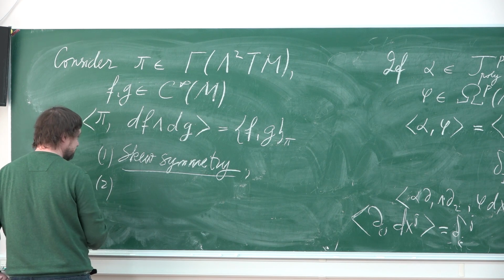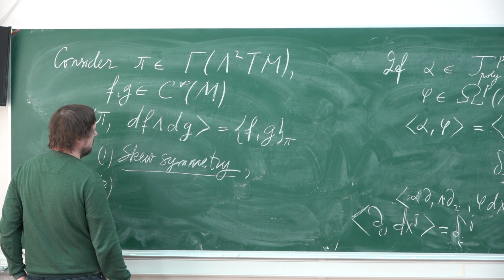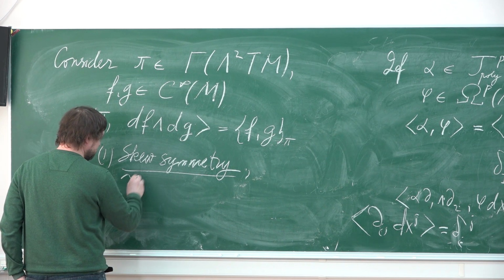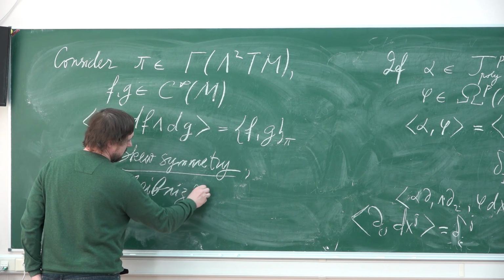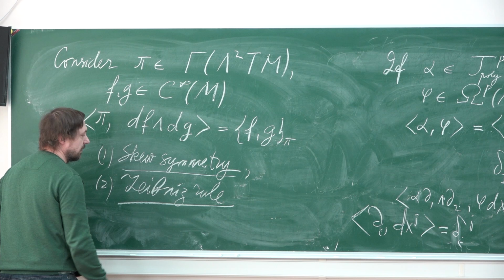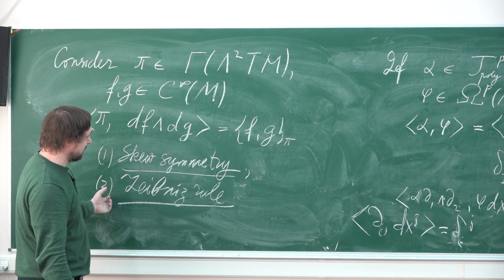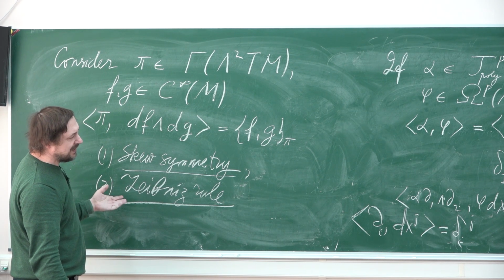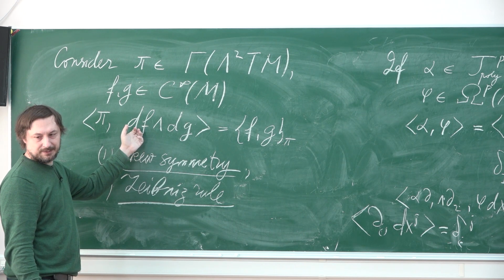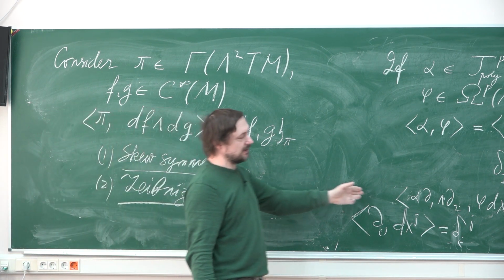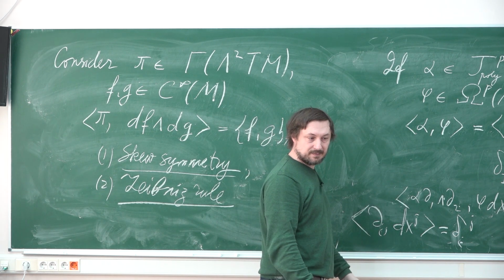And number two, the Leibniz rule also holds. As far as the skew symmetry is concerned, I already explained. As far as the Leibniz rule is concerned, it's also quite evident, just because the differential here and here verifies the Leibniz rule, and this pairing is linear over the functions.